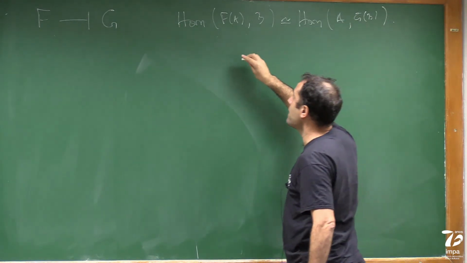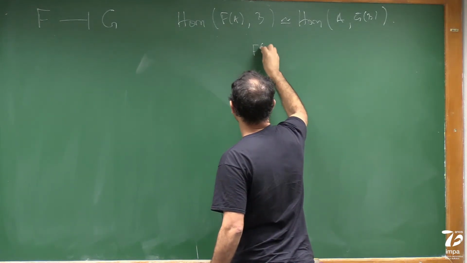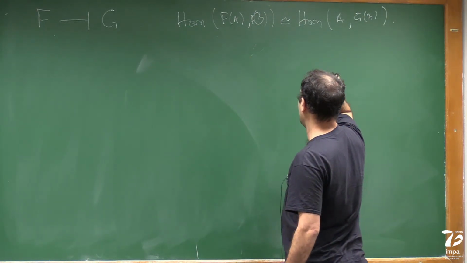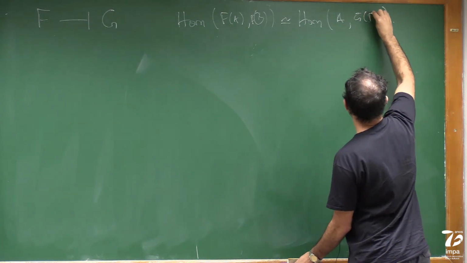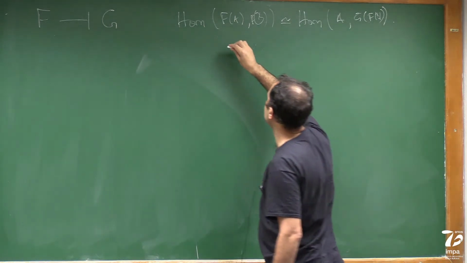So let's choose B to be of the form F of something. If I put here that this is F of something, then here this is F of that something. And here we have the identity.